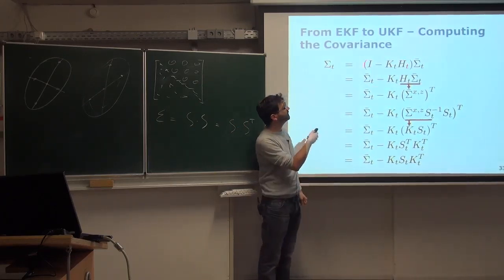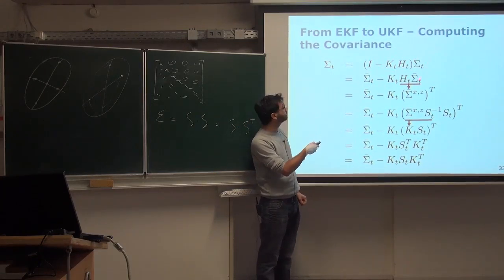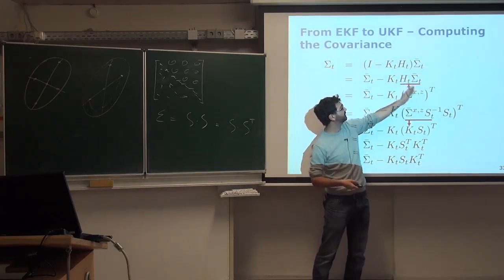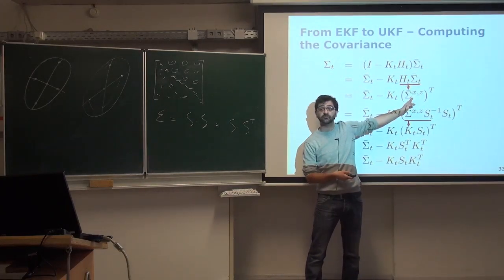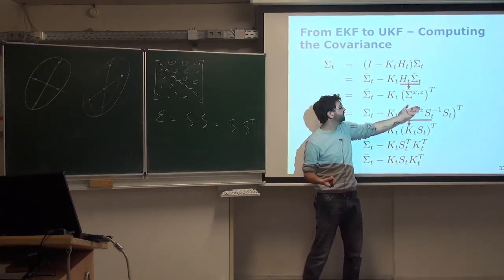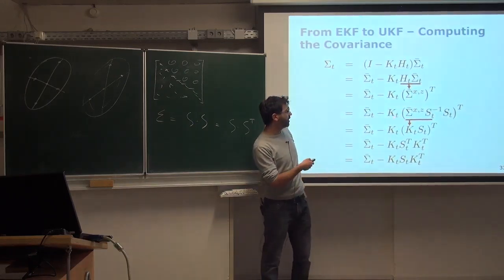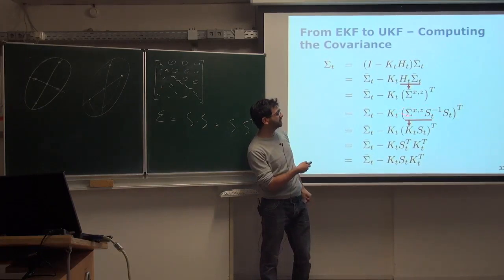So this was the original form: Kalman gain, Jacobian times covariance. We can now expand everything. We can replace this term by what we actually computed already, by transpose. That's the cross correlation term. In principle, we can just apply this, but if you look at the structure, you can again multiply and divide by S. You end up in the structure here.